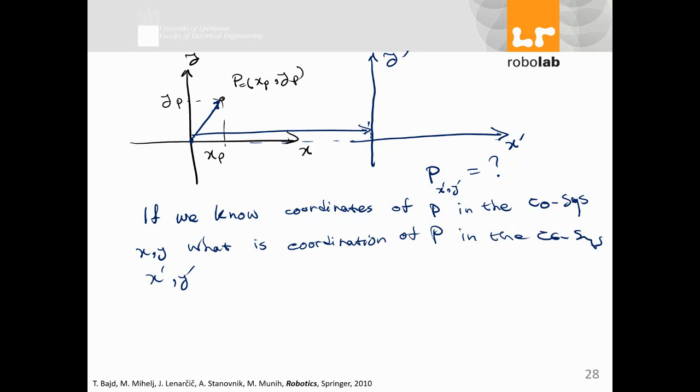So transferring addresses from one coordinate system to another coordinate system is the problem, which is the question. We are going to talk about this issue today: how we transform coordinates of points or pose of three-dimensional objects from one coordinate system to another coordinate system, okay?